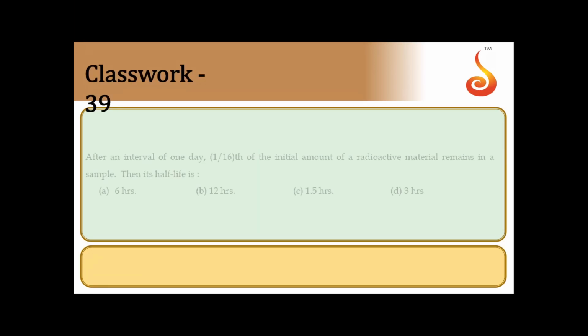Yes, we shall move on to next one. After an interval of 1 day, 1 by 16th of initial number of radioactive material remains in sample, then its half-life is.